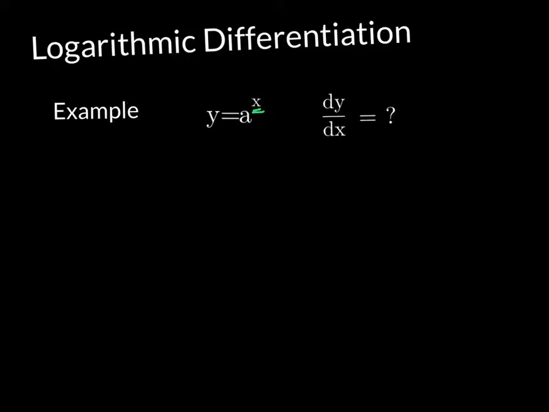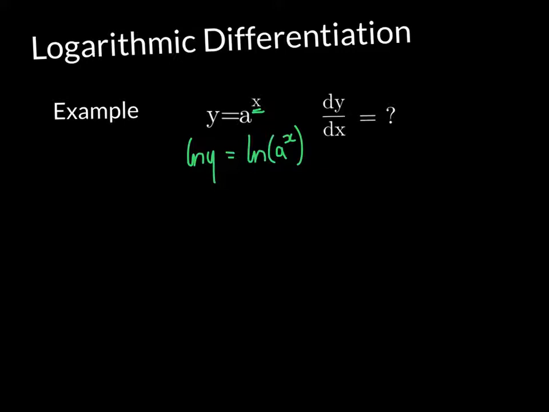So a is just some arbitrary number, it could be anything. The first thing that we need to do before we differentiate this is get it into a form where x is no longer part of the power. So what we have to do is take natural logs of both sides of this equation. So that means that we have natural log of y is equal to the natural log of a to the power of x.